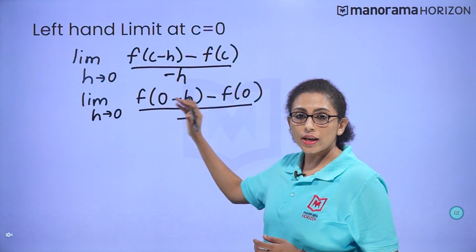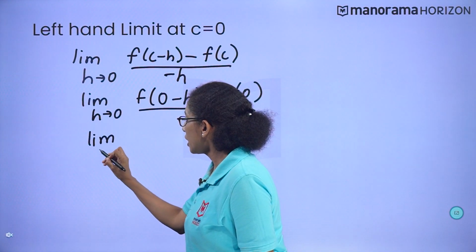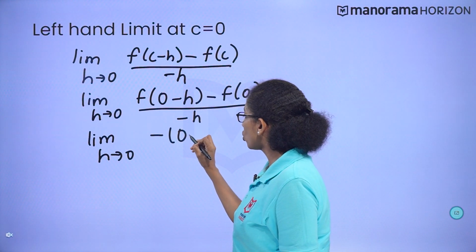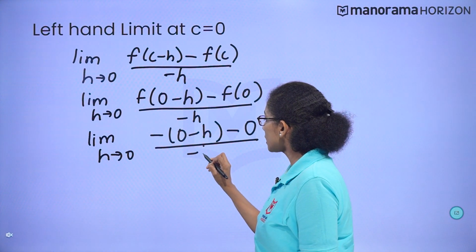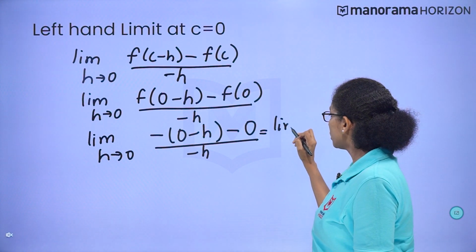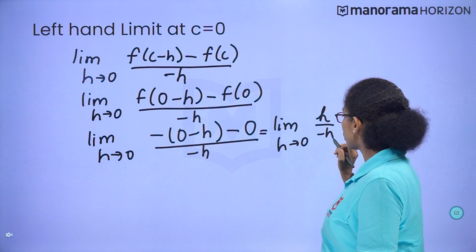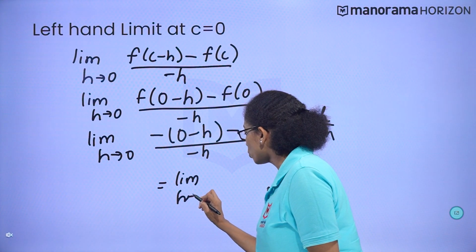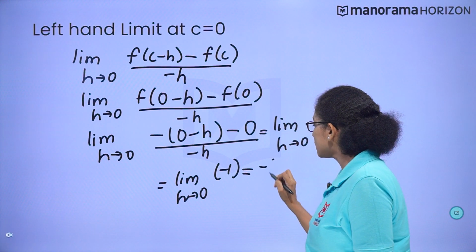So this can again be written as limit h tends to 0 of minus of 0 minus h minus 0 by minus h, and we get limit h tends to 0 of h by minus h, which is equal to limit h tends to 0 of minus 1, which is nothing but minus 1.